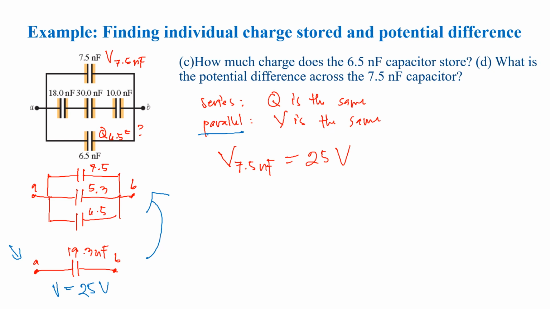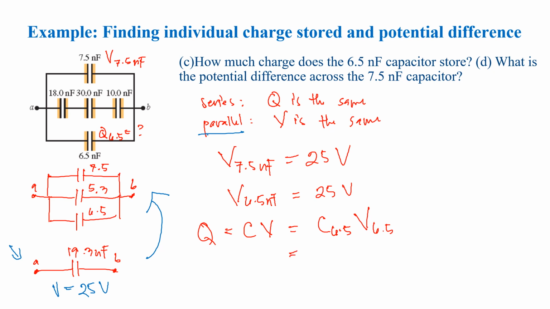Now we are just left with the charge stored at the 6.5 nanofarad capacitor. We know that the voltage at the 6.5 nanofarad capacitor is equal to 25 volts, and Q is equal to capacitance times voltage.